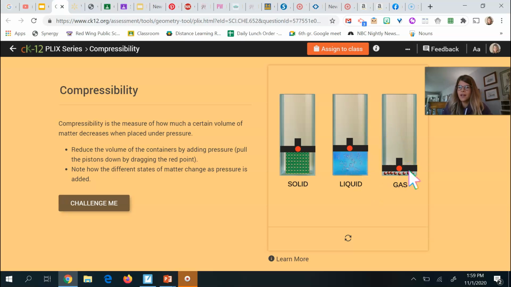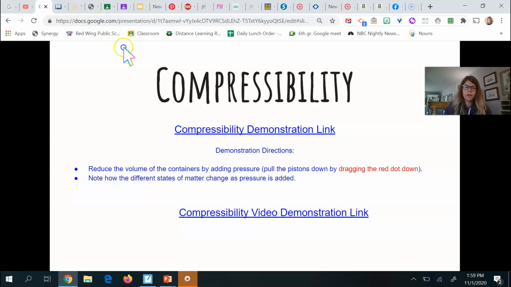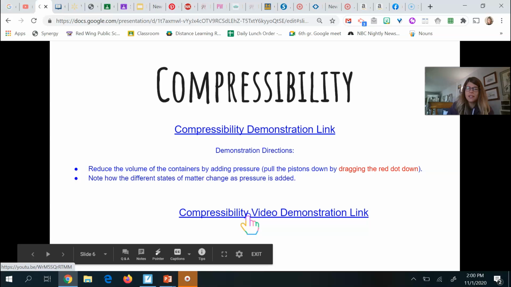Those gas particles are being compressed into a smaller volume. All right. I'm actually going to play a video of another demonstration using solids, liquids, and gas to show you that gas is really the only state of matter that can really change when it is being compressed.